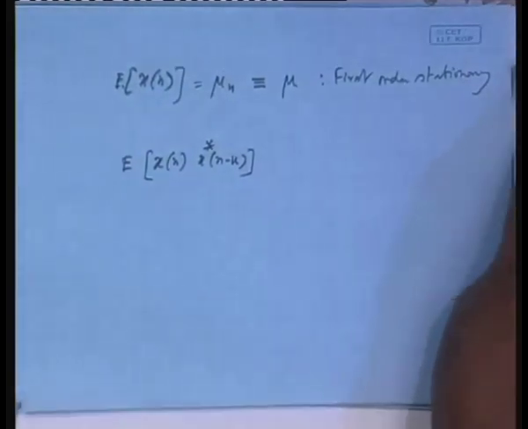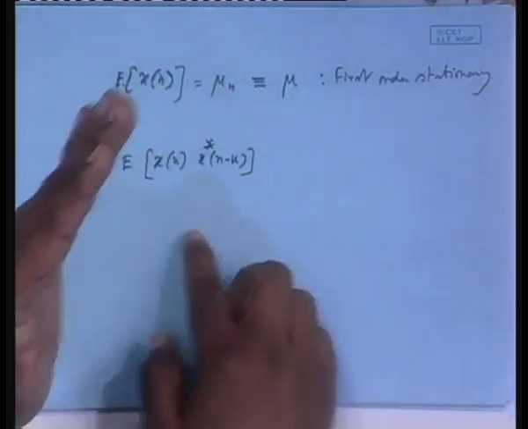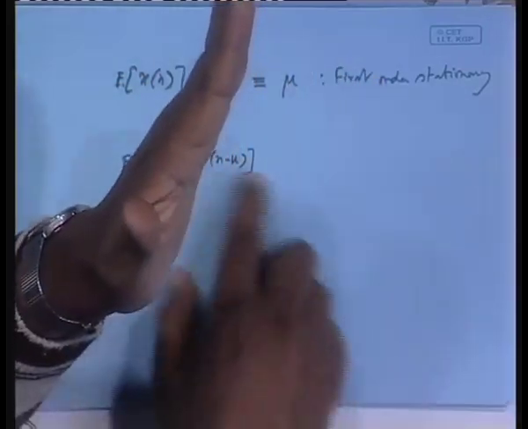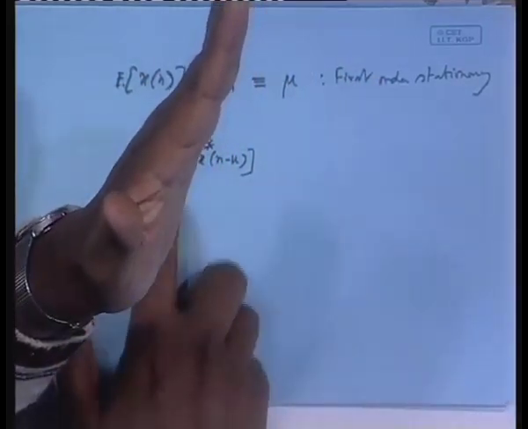But suppose I say that look, the process is such that the degree of correlation between these two samples should depend only on the gap, how far or how close, not where exactly they are located, whether these two or these two, because that correlating property also does not depend on particular zones of the time axis.